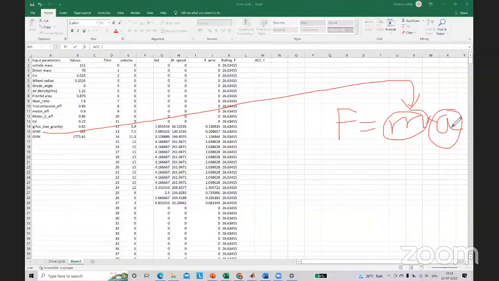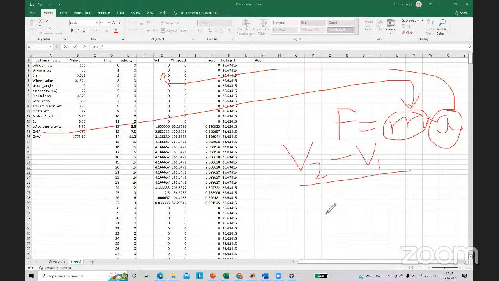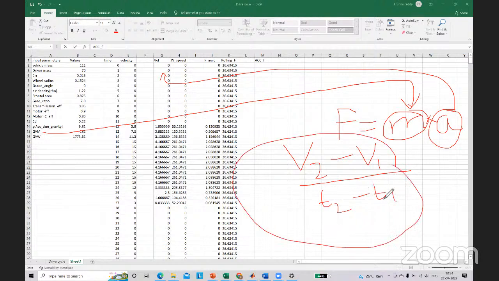Acceleration you will be deriving from the wheel speed, by applying the basic V2 minus V1 divided by T2 minus T1, right? Using these equations, we can calculate acceleration, and further multiply with the GVM. So we'll end up with the acceleration force.